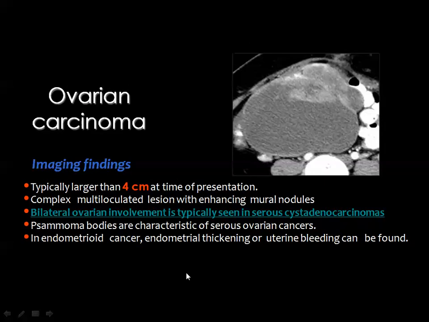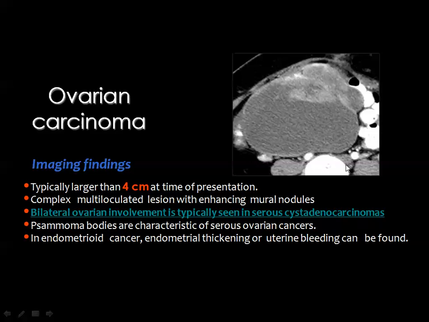In this region, you see a big mass, which is predominantly cystic, but there is a solid component, and this solid component will raise, of course, the possibility of being malignant.